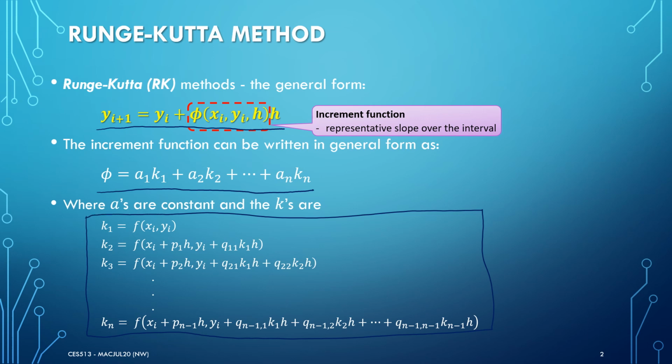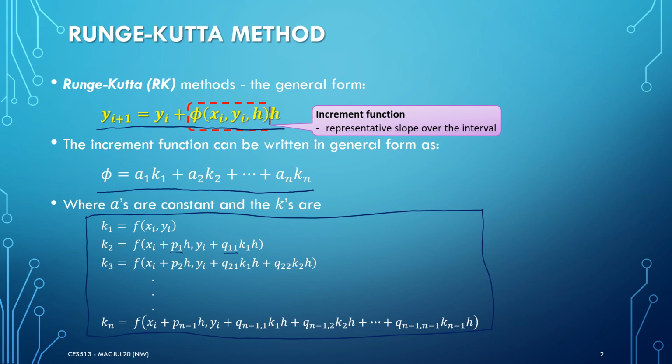The p's and q's in this set of equations are also constants, p1 and q11 and so on. We can see that the k's are recurrence relationships. For example, k1 appears in the k2 equation, and both k1 and k2 appear in the k3 equation, and so on until kn.